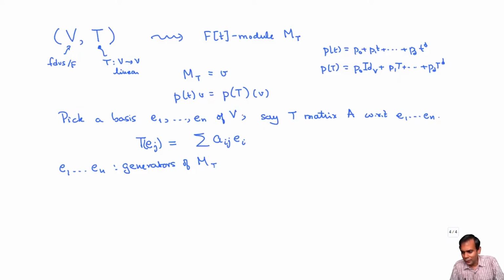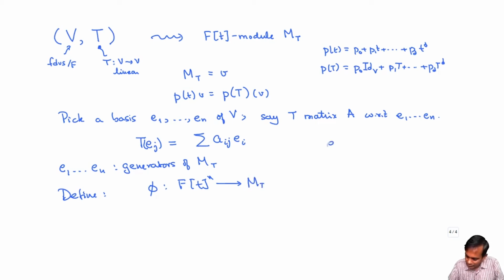Okay, so accordingly, to express it as a free module F[t]^n mod something, we must define phi from F[t]^n, so n generators, to M_T by taking the ith generator here.